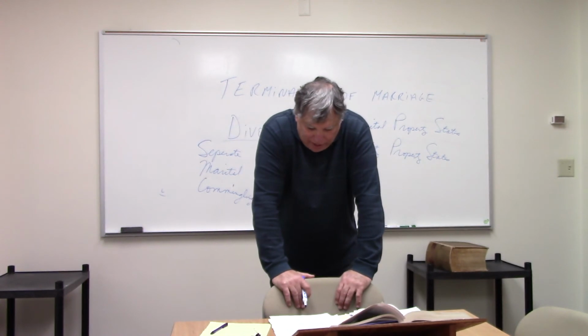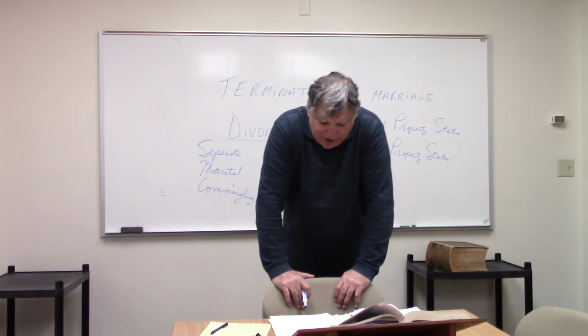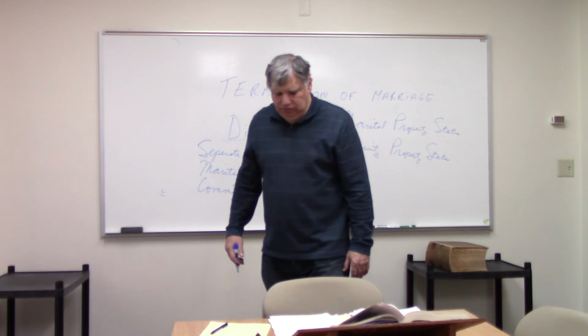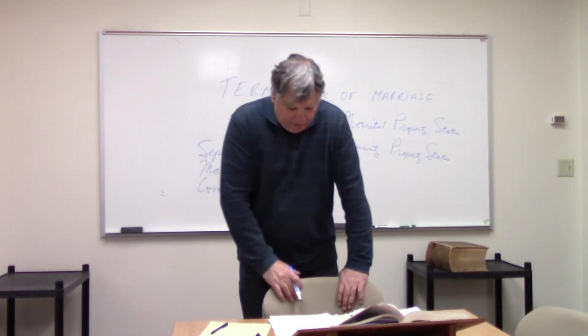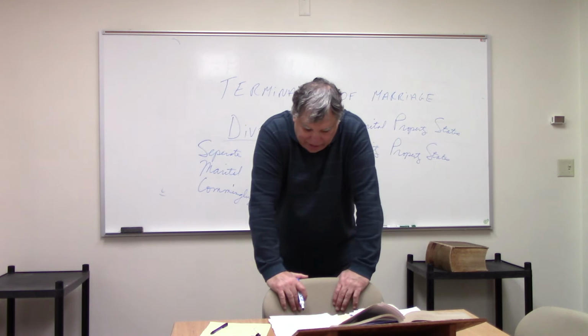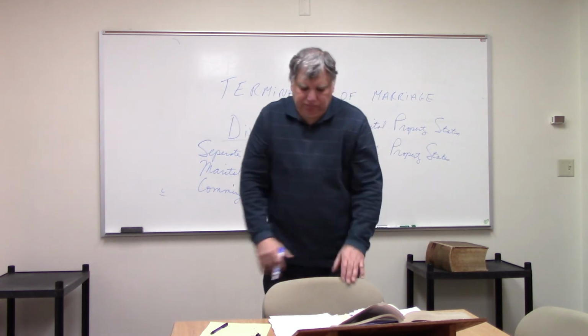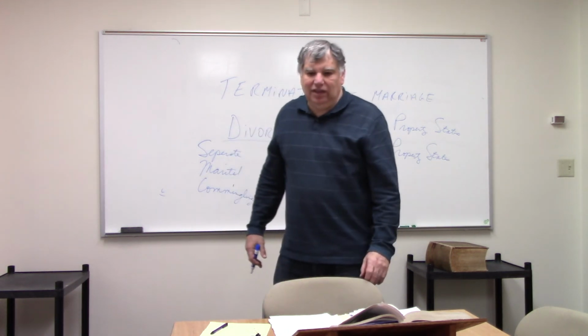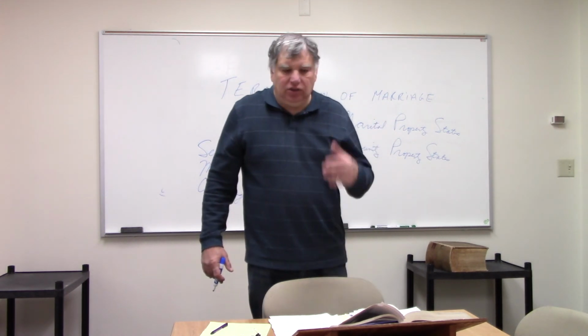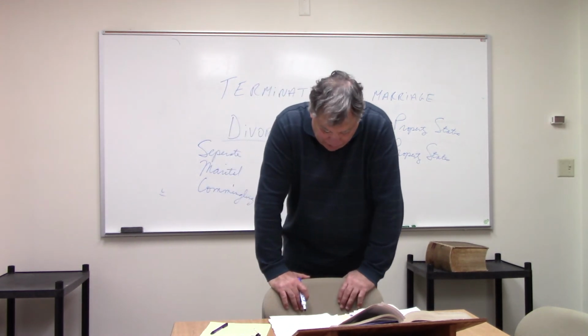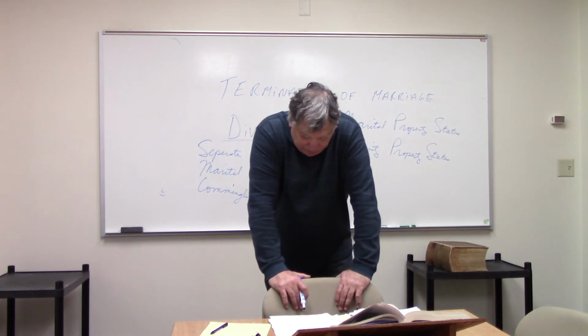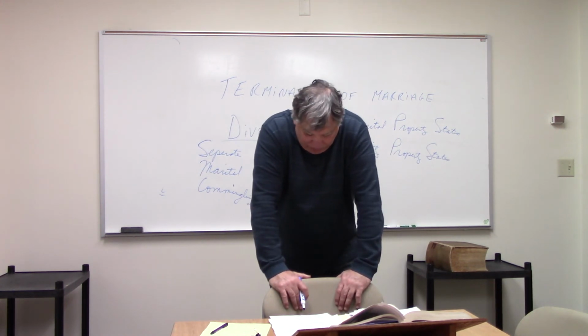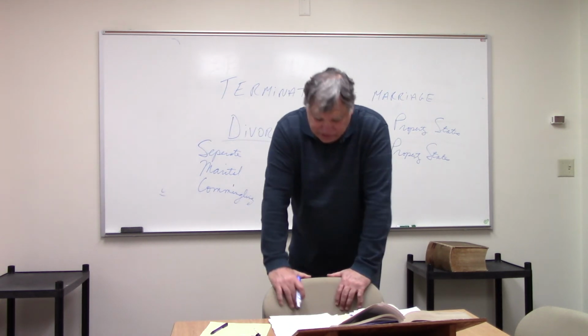Now, in awarding alimony, there are a number of factors that states will consider. 1, the financial condition of the spouse seeking it. 2, the financial condition of the spouse trying to pay it. 3, the length of the marriage. So obviously the longer you've been married, generally the more alimony you're entitled to. 4, the age, health, education, and station in life of the parties.